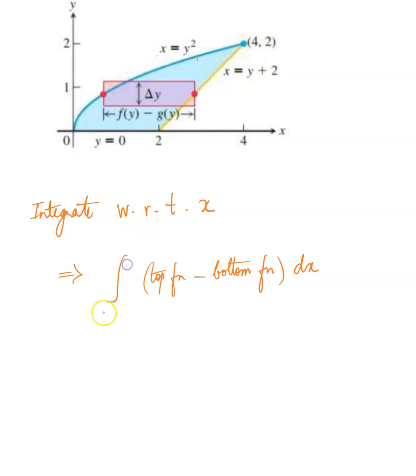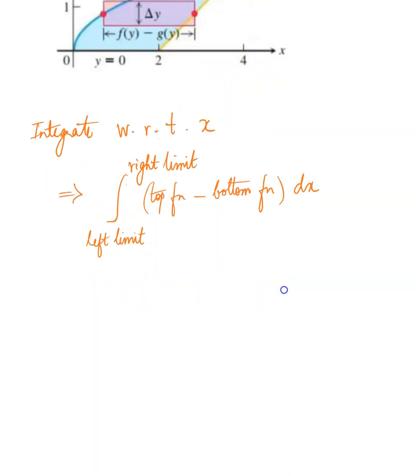The limits of integration were the left limit, right? Left end of the shaded portion to the right end. So I just say left limit to the right limit. And when we integrate with respect to y, because it is y, you no longer have top and bottom, you rather have right and left.